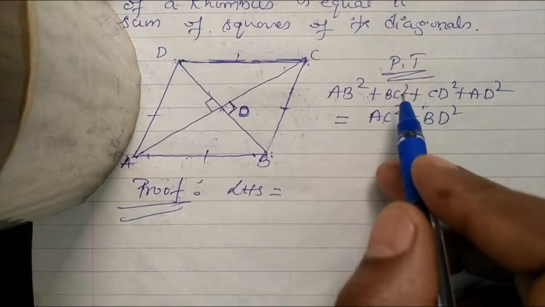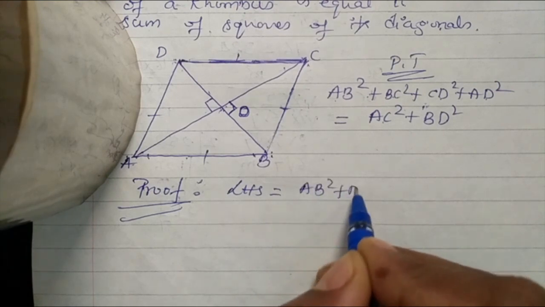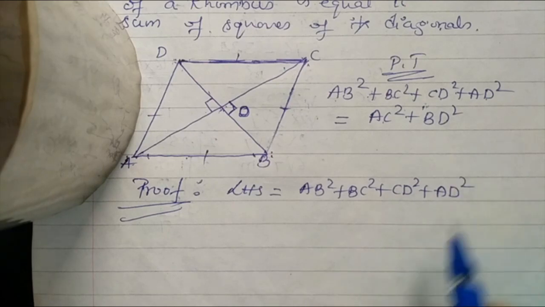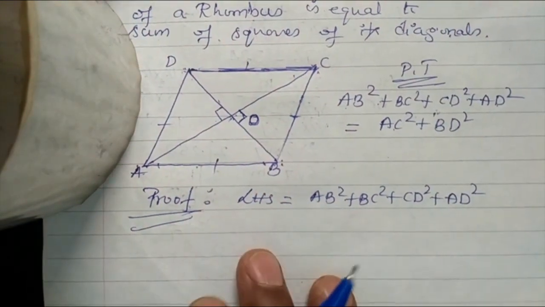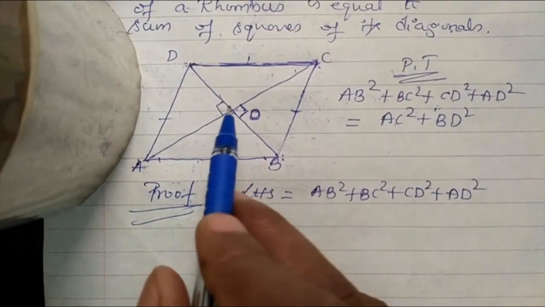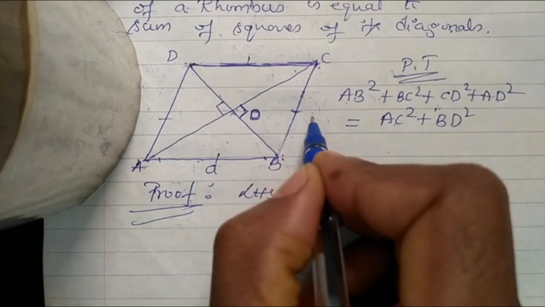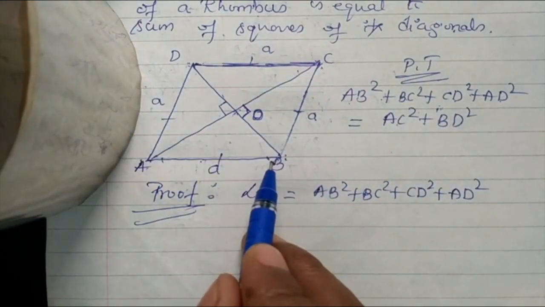So I take LHS to prove, that is AB square plus BC square plus CD square plus AD square. And what we do, we name all four sides as A units. So A to B, what length is there?